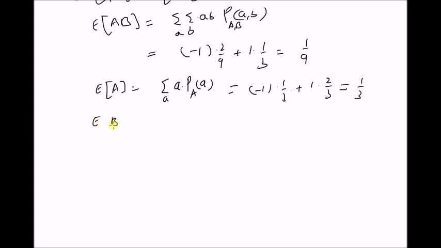And similarly, the expectation of B is equal to the summation of B times the marginal probability mass function of B. But we do not know the marginal probability mass function of B. Though it can be calculated from the joint probability, it is much easier to use the following definition for the expectation of B, that is, the summation over all values of A and B of the product of B with the joint probability mass function.